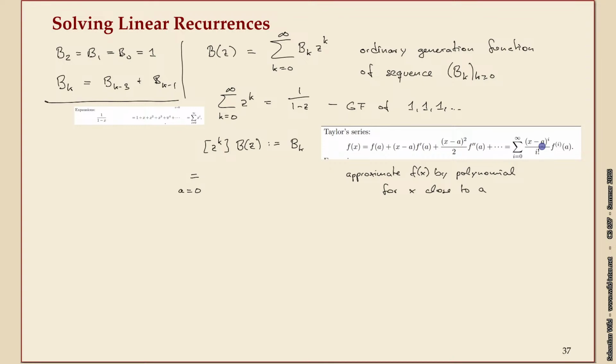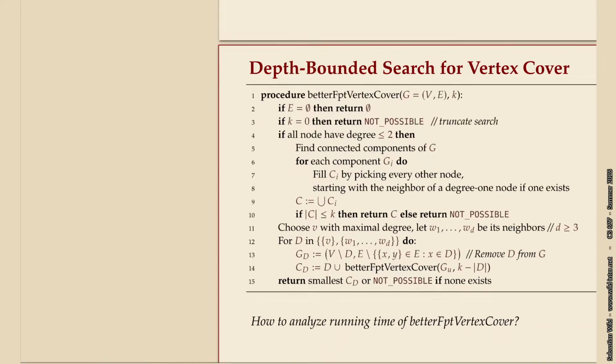Right, so if we take B of z and develop it around 0, I'm just writing this down once so that it becomes a bit more obvious for you. It's B of 0 plus z times B prime, the first derivative, then z squared times the second derivative of B at 0.